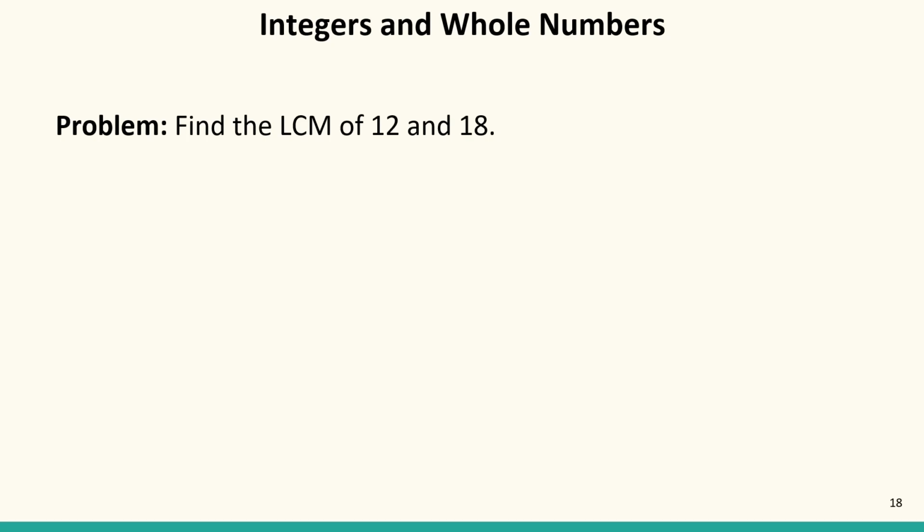So we found the LCM of 12 and 18. First we listed the multiples of 12, that is 12 into 1, 12 into 2, 12 into 3, 12 into 4, and so on. That is equal to 12, 24, 36, and 48.